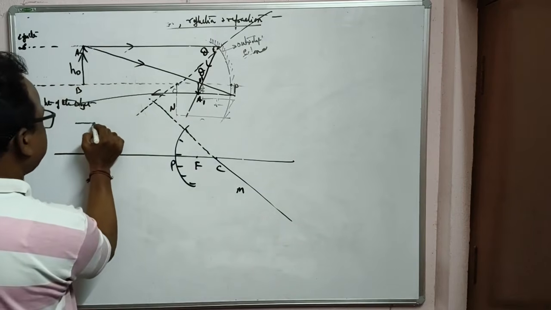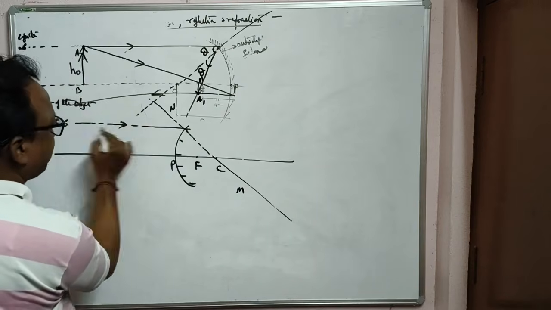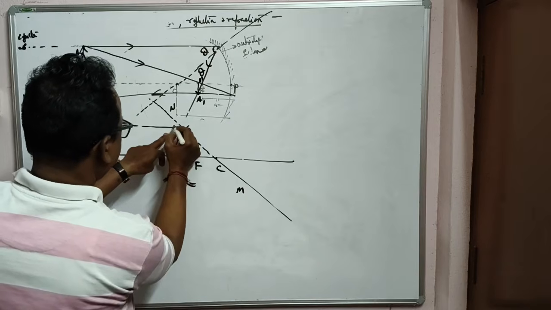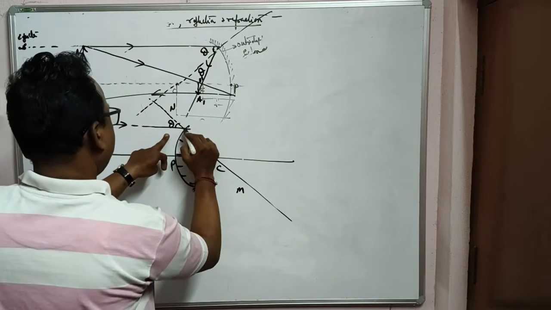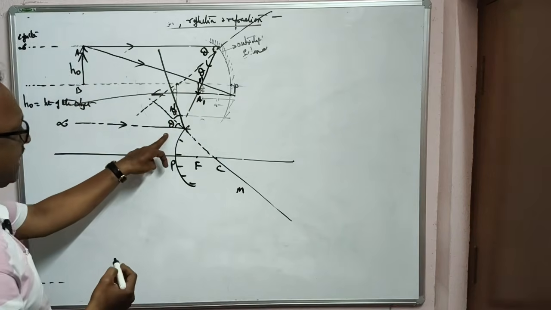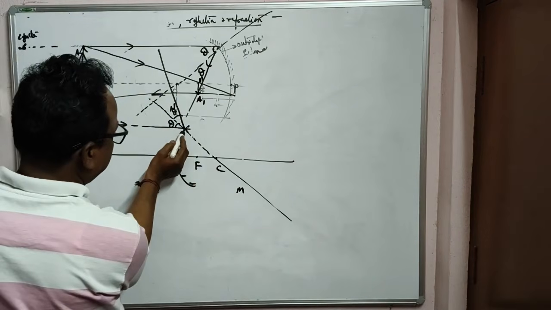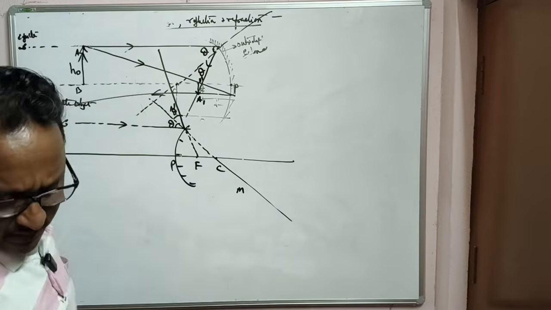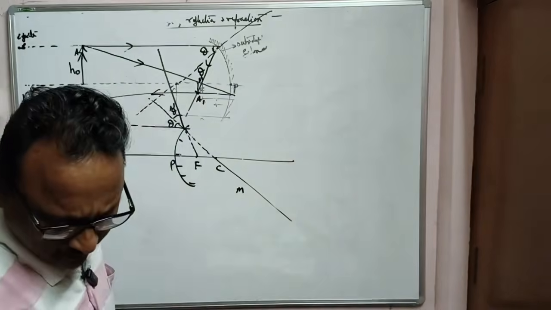Now suppose the light ray is coming from infinity. When it is hitting the normal at angle theta, what happens? Diverge. Incident angle is equal to reflected angle. These two light rays never meet each other. So it will meet somewhere over here. So again virtual image is forming here. You can see virtual image.